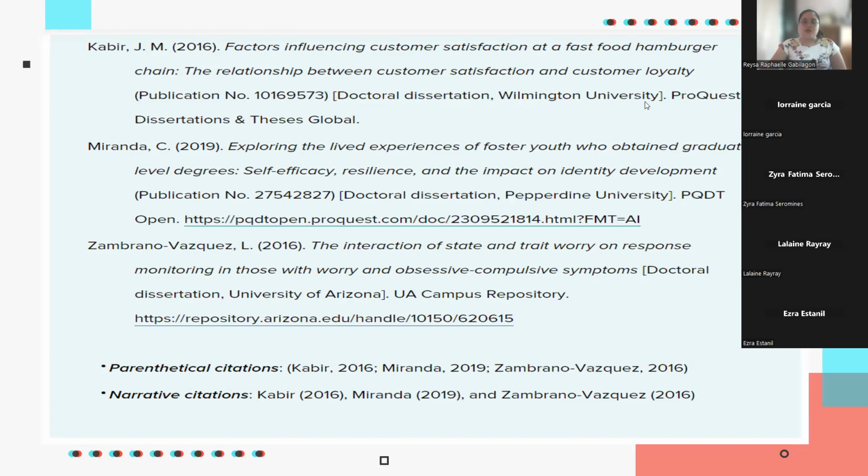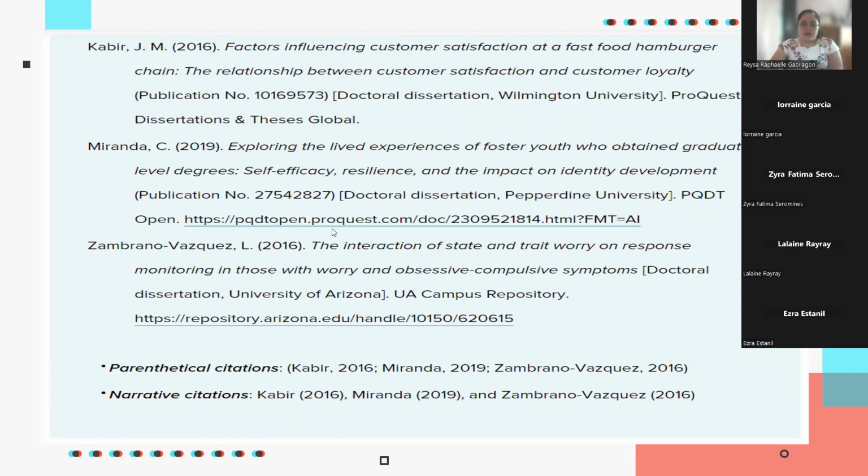Okay, the institution ito, name ng school. And then, pwede din maglagay kayo, period, ng name of the database where you got the published work, like this time, it comes from the ProQuest, or pwede din ilagay nyo yung URL kung merong URL.